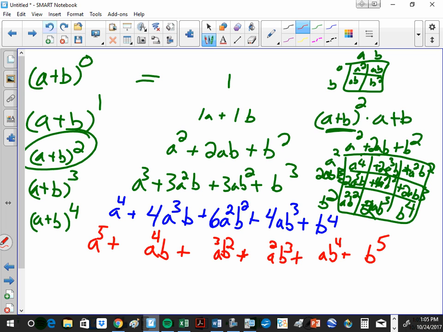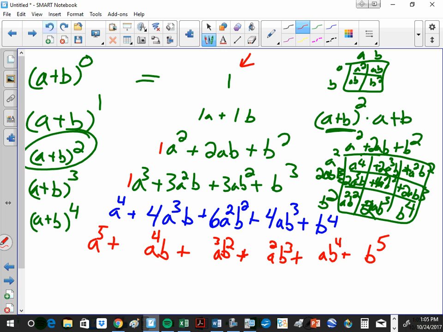So the pattern for the exponents is really easy. We start with whatever number you start with, like 5, 5, 4, 3, 2, 1, 0, and then it would also be 0, 1, 2, 3, 4, 5. What about the coefficients? Do you see a pattern? So this row right here is made up of nothing but ones.